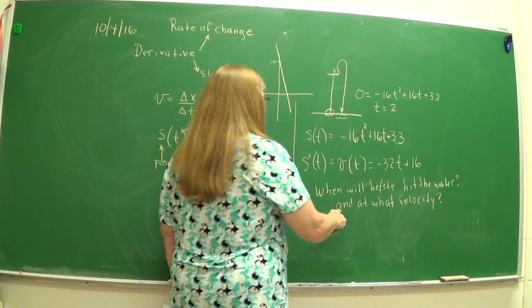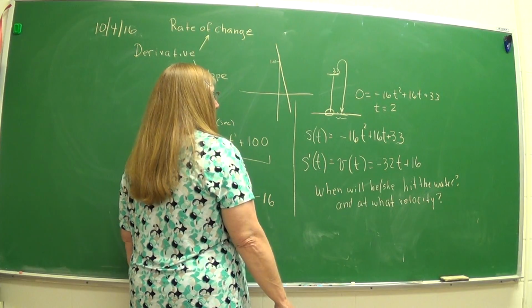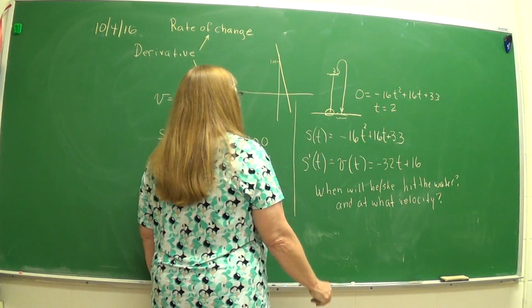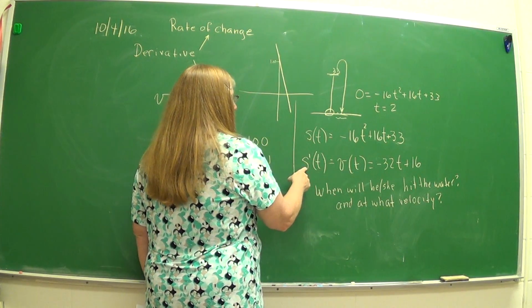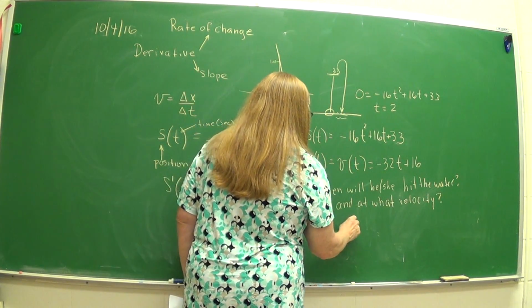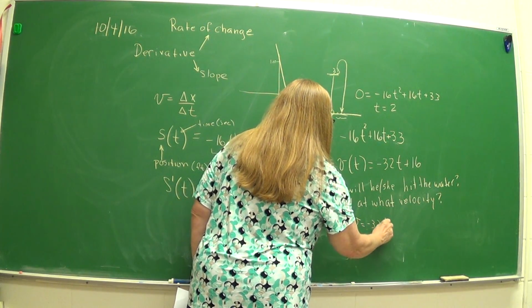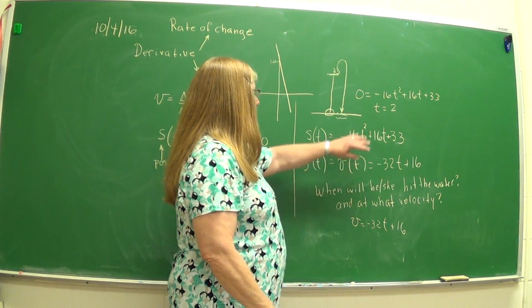Now let's come down here and answer at what velocity is that happening. At that time, what is the velocity? Now that we're asked for velocity, we're going to use this equation. We have velocity equals negative 32t plus 16, but we want to know at time 2.